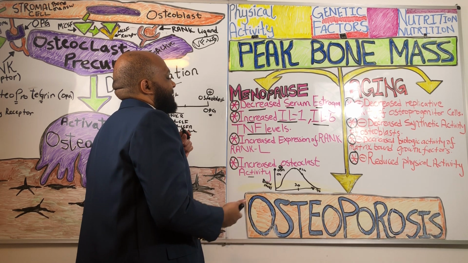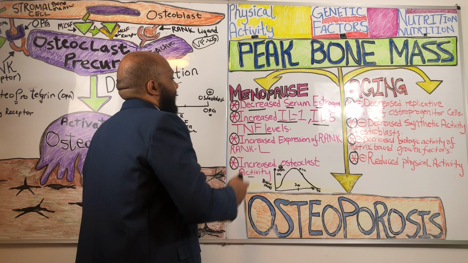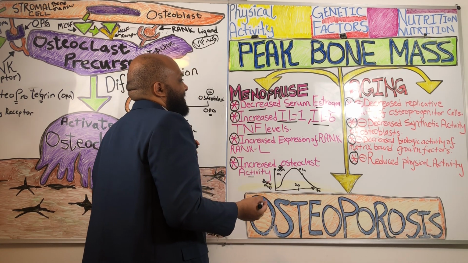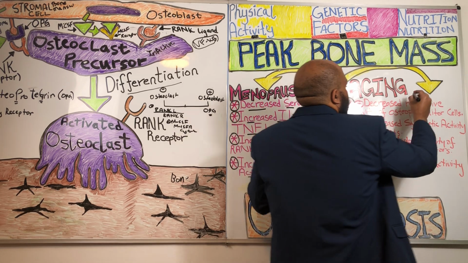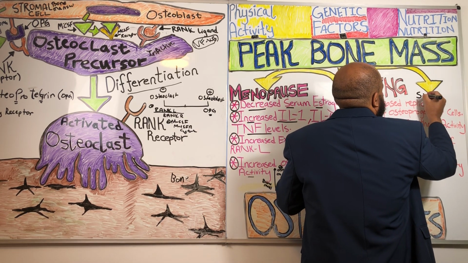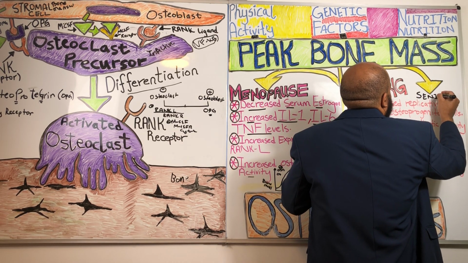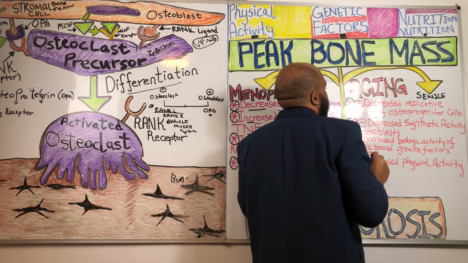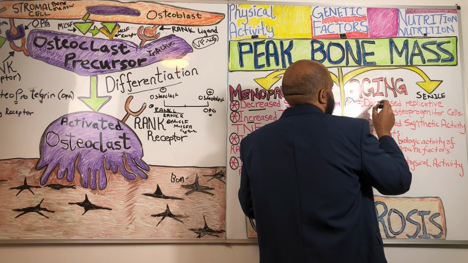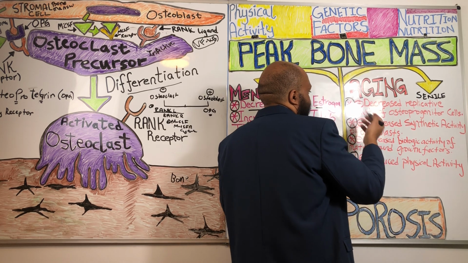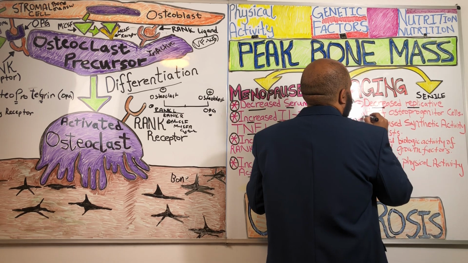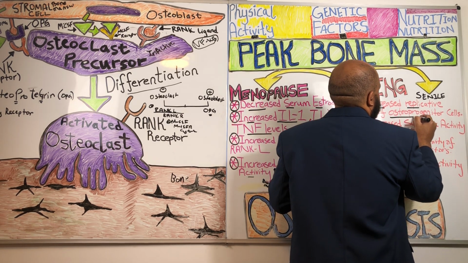You can say the same for males, but males do not have menopausal osteoporosis. They have senile osteoporosis, and senile osteoporosis is associated with aging. When men age, there is a decreased replicative activity of the osteoprogenitor cells.